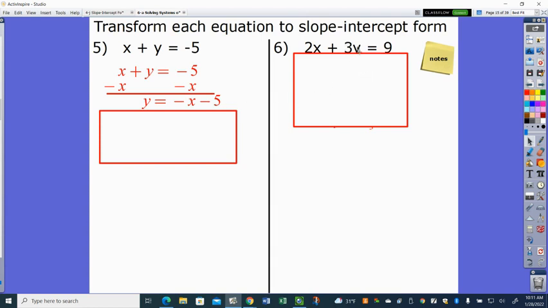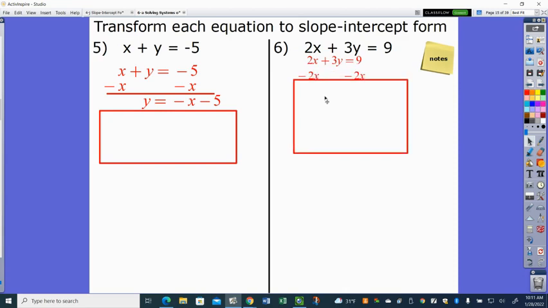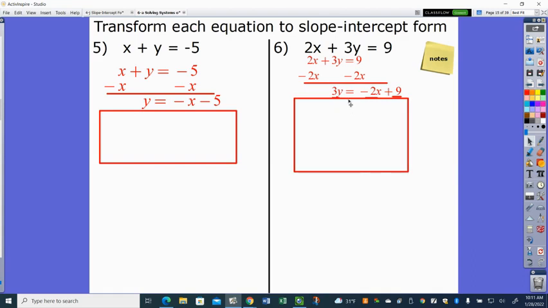Ooh, this one's looking a little more complicated, right? So the y is hiding in here. So this 2x has to move. So the opposite of adding 2x would be to subtract 2x. Here's my 0 pair. And I'm left with a 3x on the left and a negative 2x plus 9 on the right. And this time, darn, the y is still not by itself. I need to undo multiplying by 3.